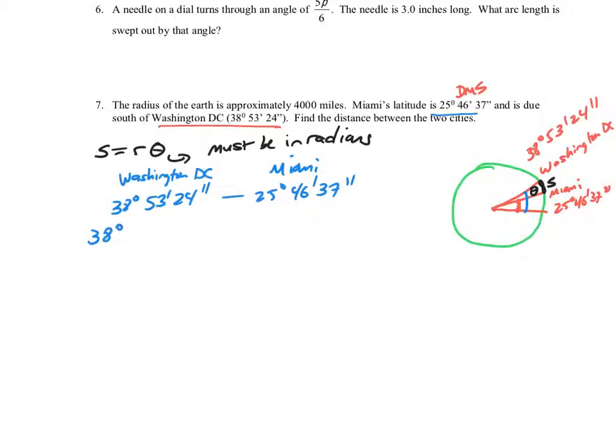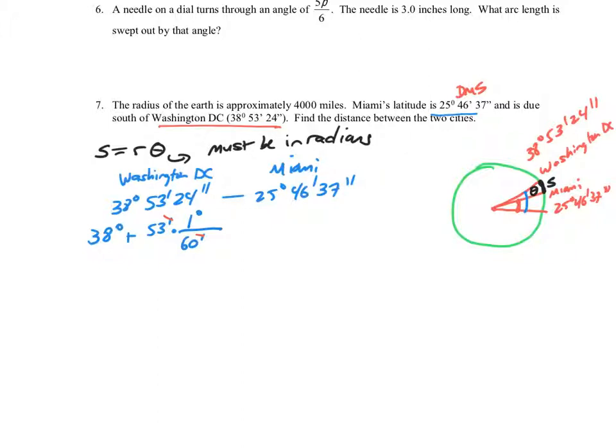So we have 38 degrees plus 53 minutes, and then we multiply that by a conversion factor to get to degrees. We know that there are 60 minutes in 1 degree. So this converts the 53 minutes into a decimal representation in terms of degrees.